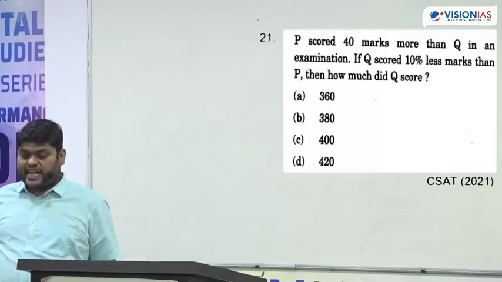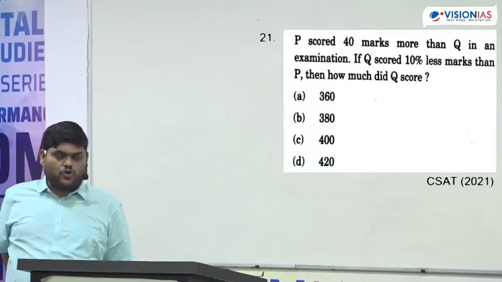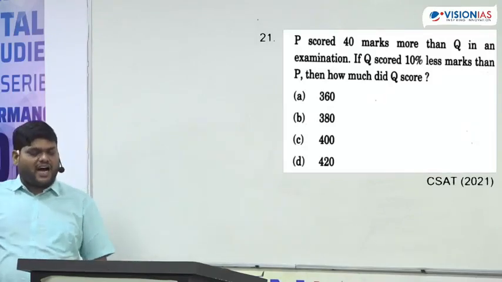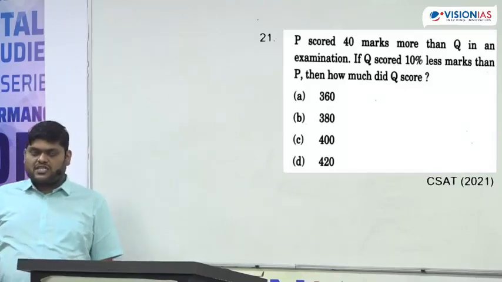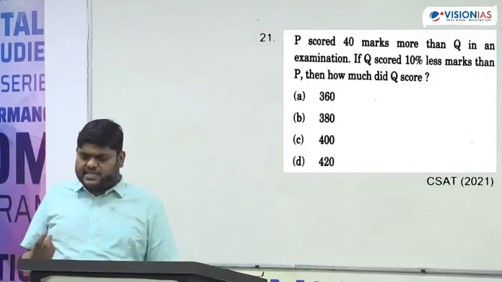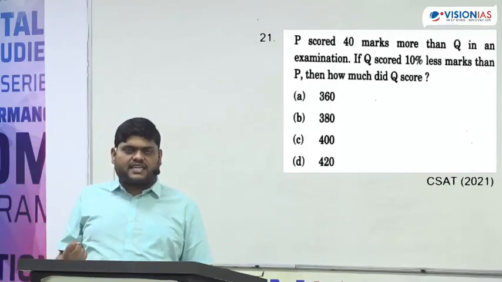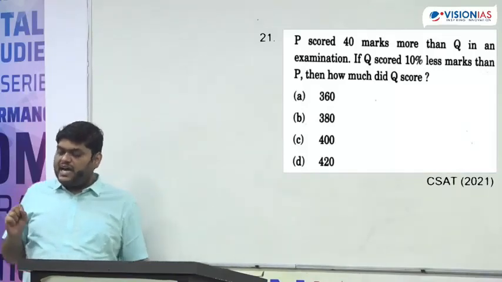If Q scored 10% less marks than P, then how much did Q score? They asked the same question in 2020 and 2021 both. They are asking a very basic, conceptual question of percentage, and if you understand it, you can easily solve it.